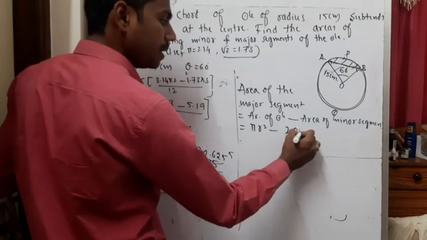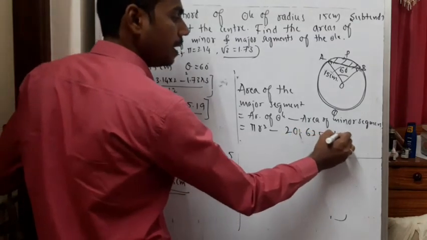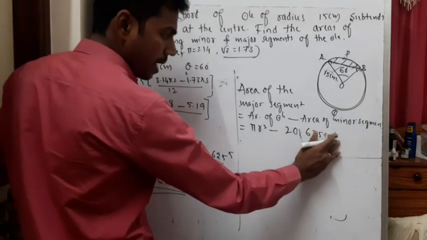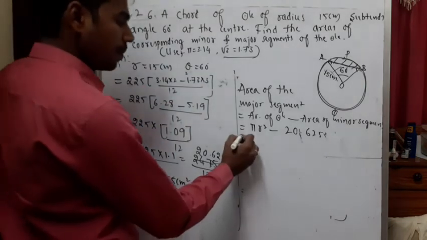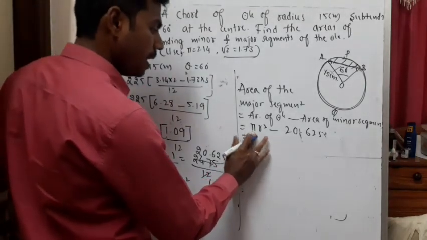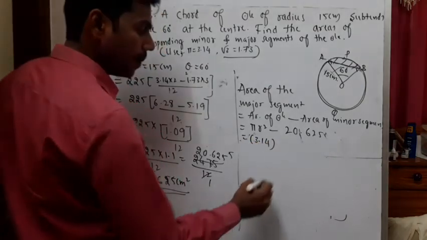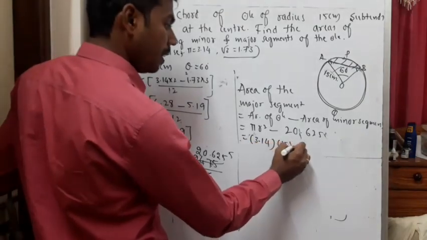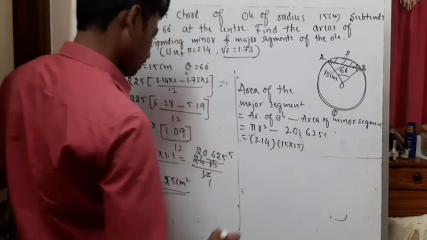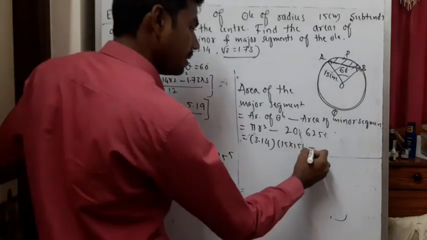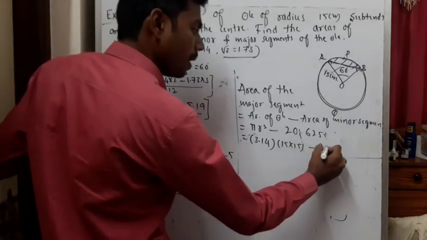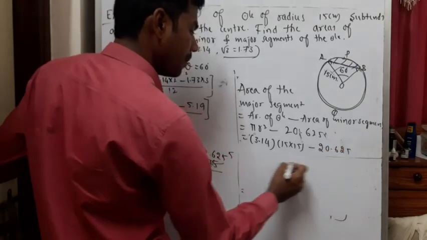20.625 centimeter square. Now pi is equal to 3.14. What is r? Again 15 into 15, minus 20.625.